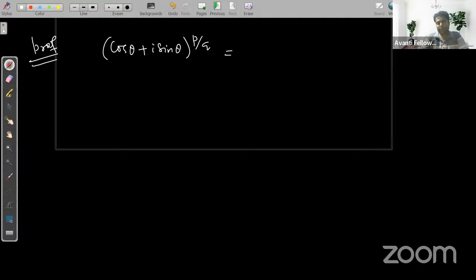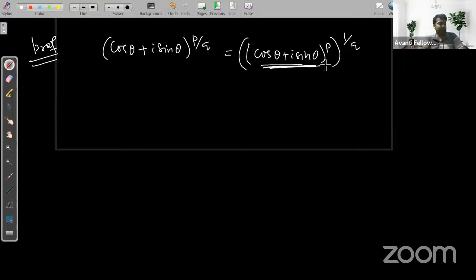It can also be written as ((cos θ + i sin θ)^p)^(1/q). Yes or no? You can write or not? Yes. So by using de Moivre's theorem, we can write the interior expression. If we use de Moivre's theorem, so what will happen?